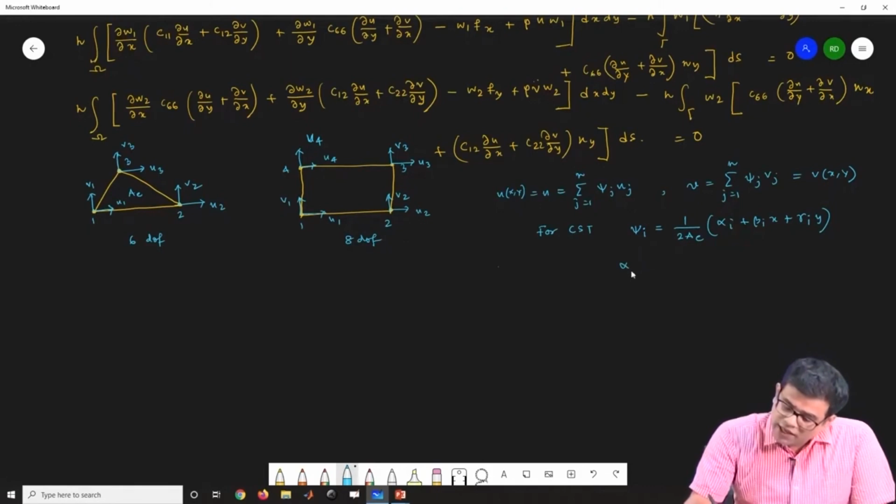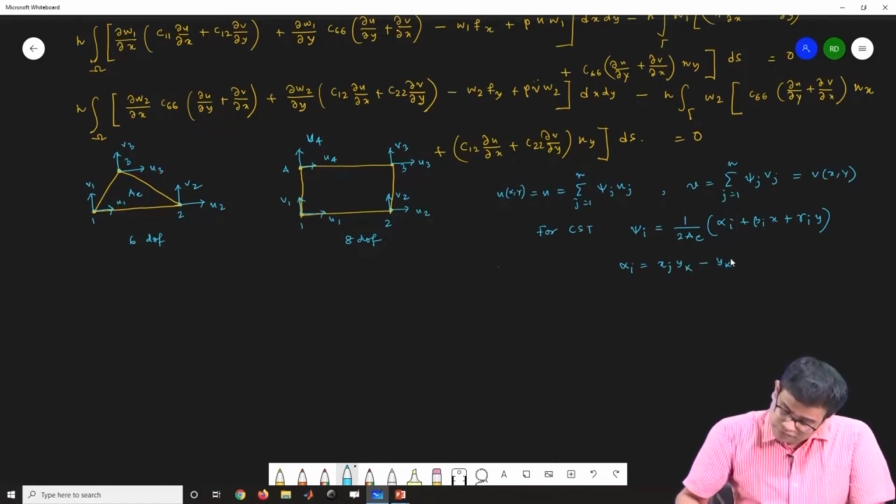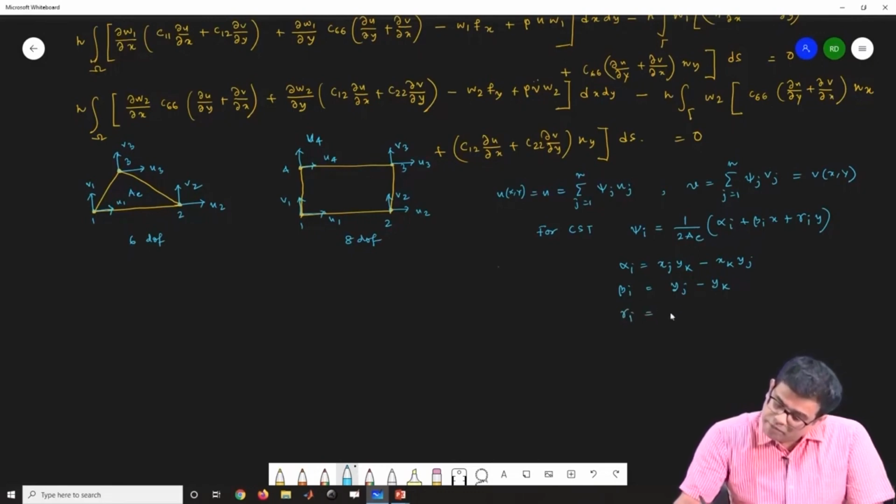So alpha I is actually x j y k minus x k y j, and beta I is actually y j minus y k, and gamma I is actually minus (x j minus x k).